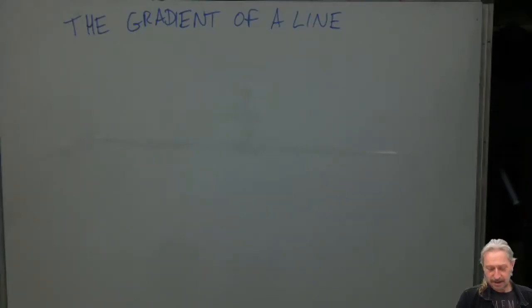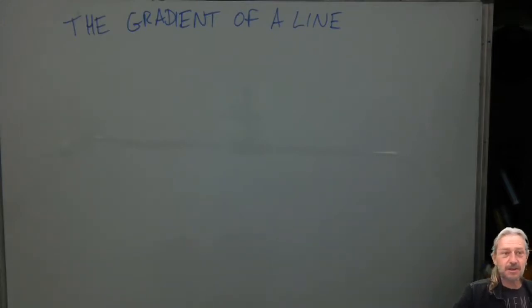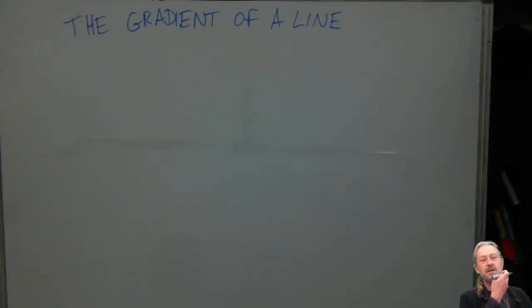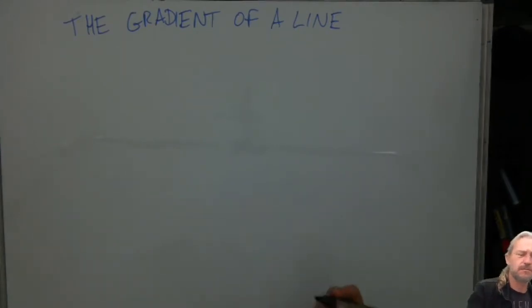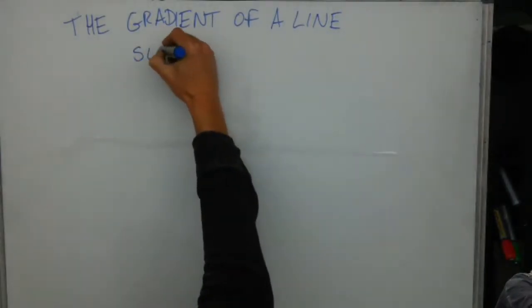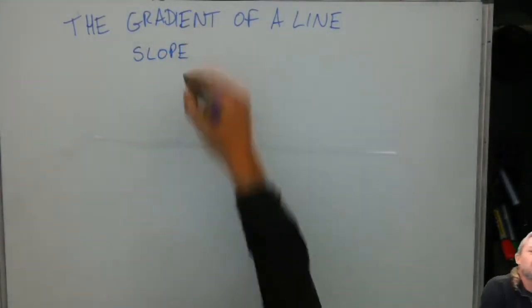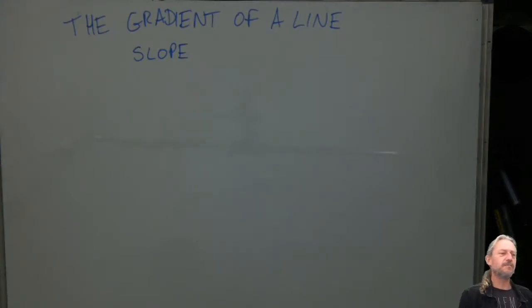Okay, welcome back. In this short video we will look at the gradient of a line. Gradient is essentially a technical maths term for how slopey, another word is slope, or steepness of a line.